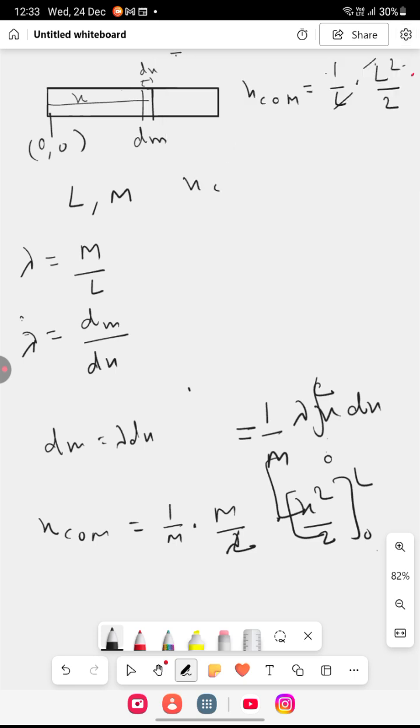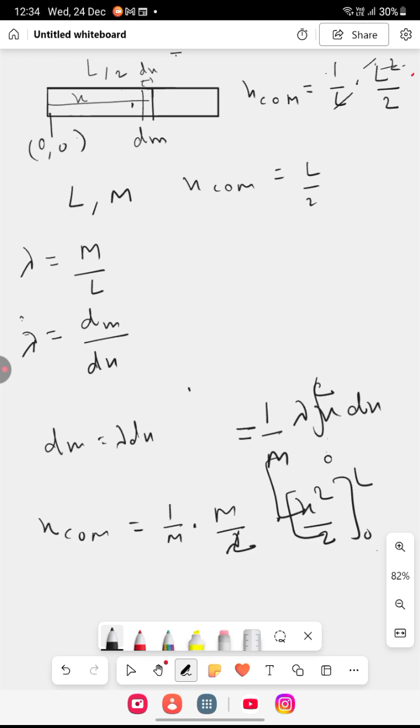So x center of mass will be L by 2. The center of mass for this rod is at half of L, at distance L by 2.